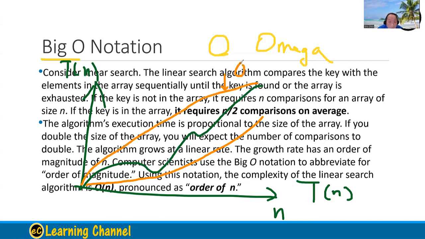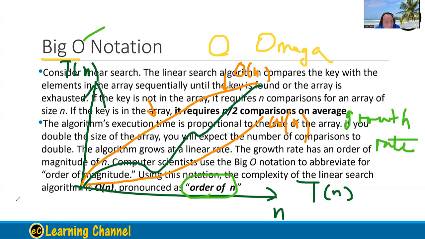This upper bound, we call it order of n, and the lower bound, we call it omega of n. Basically, the big O notation means the upper bound of the function, and it is just considering the order of n. We only consider the growth rate.